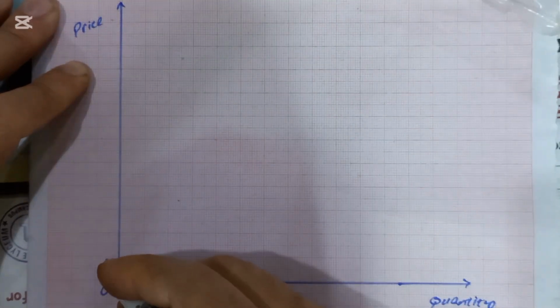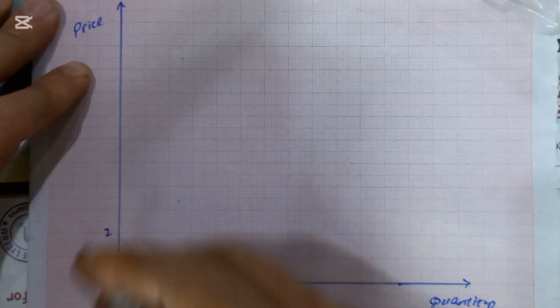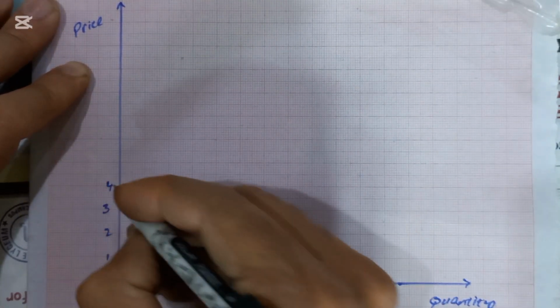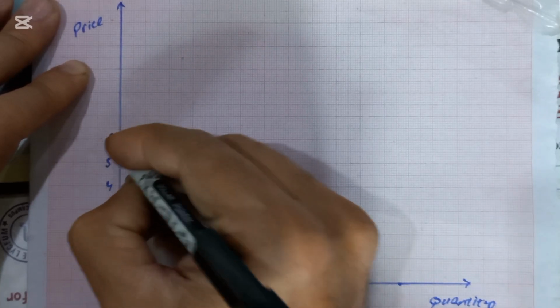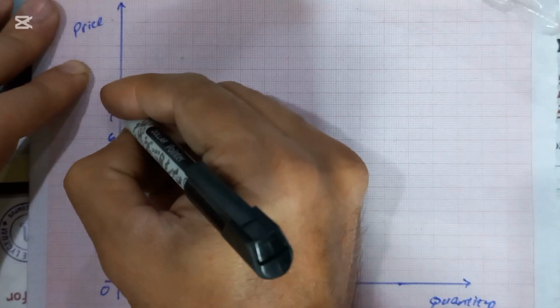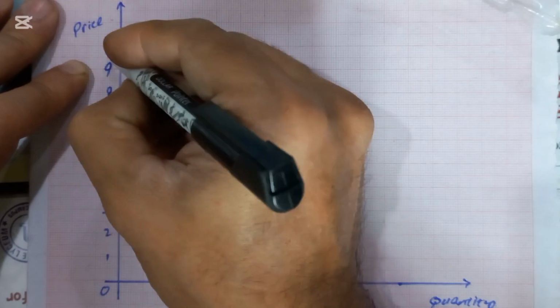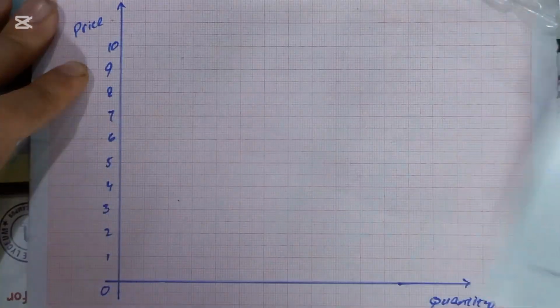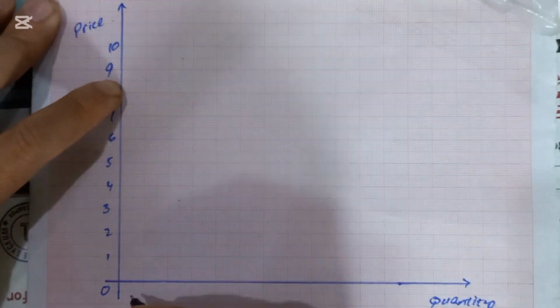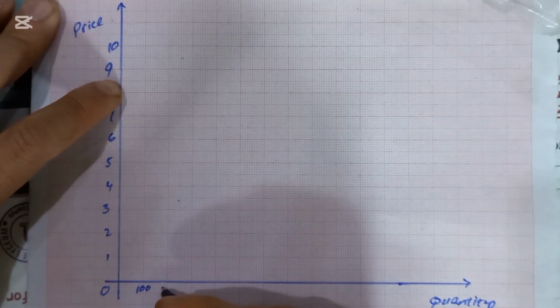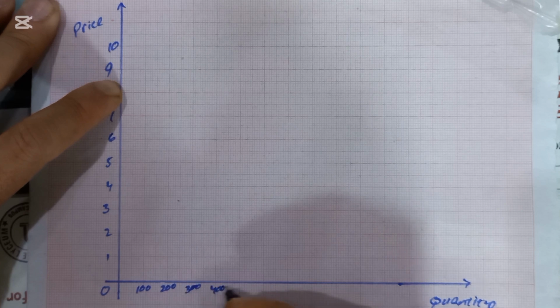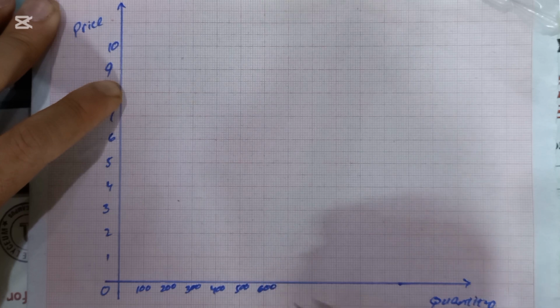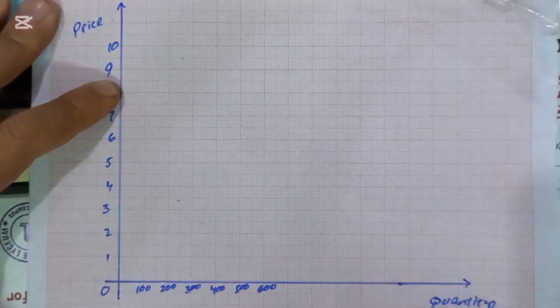So 1, 2, 3, 4, 5, 6, 7, 8, 9, and 10. And quantity demanded is from 100 to 550. So suppose this is 100, this will be 200, 300, 400, 500, 600.